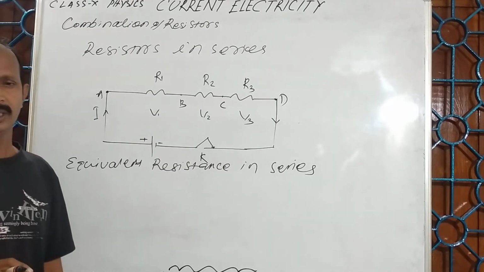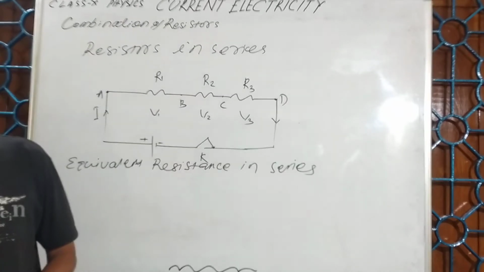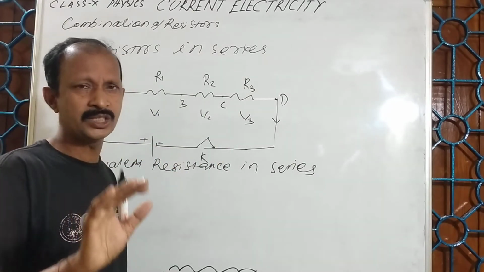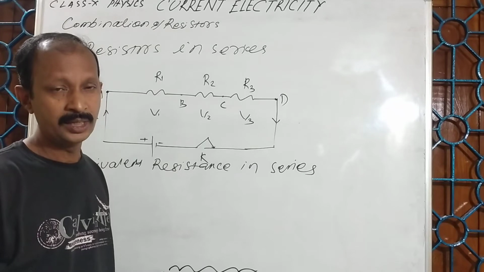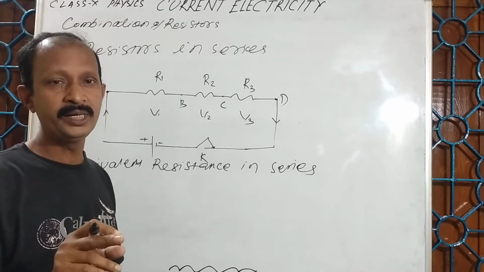Since current is passing through the same path, it is constant and will not divide. Then which one will be divided? Only the potential difference will be divided.